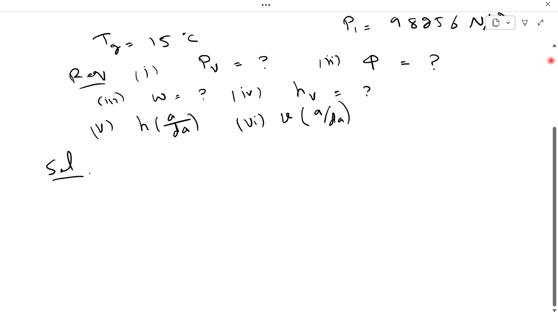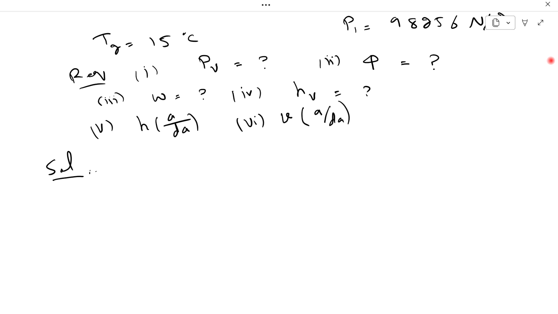So we start the solution. In the solution, first we have to find the partial pressure of water vapor. The temperature of dew point is 15 degrees centigrade, so we will find the partial pressure of water vapor at 15 degrees centigrade, because the temperature at dew point is given to us as 15 degrees centigrade.